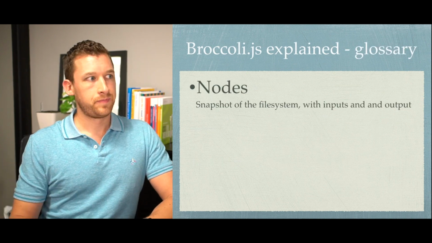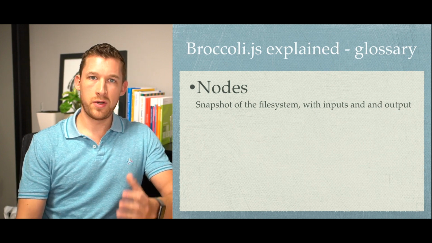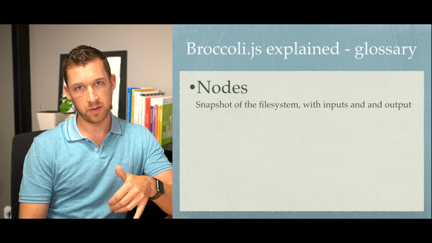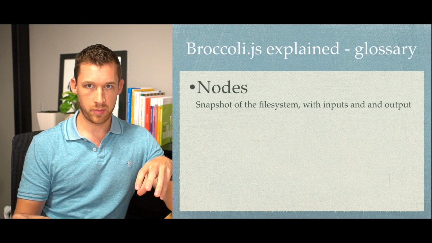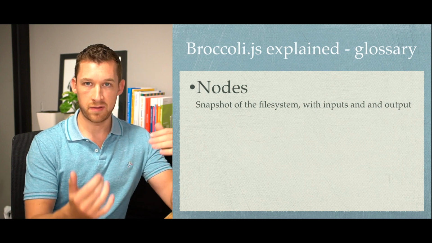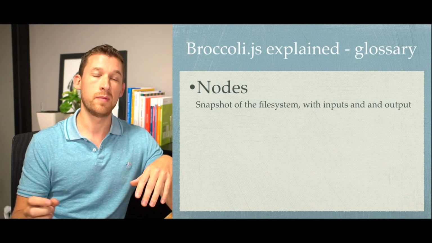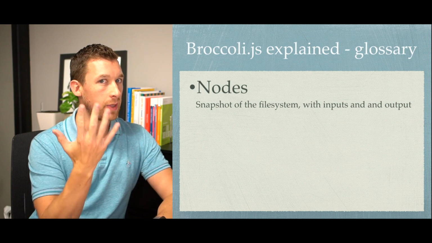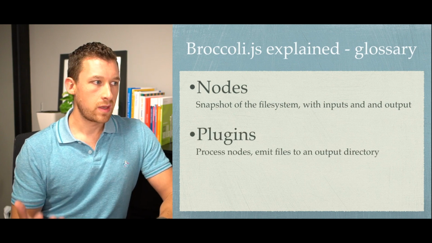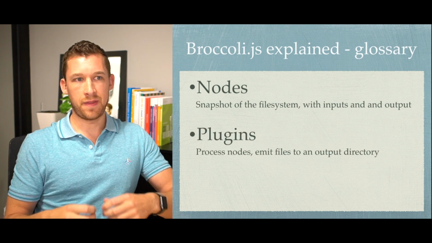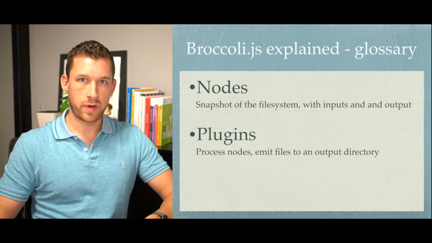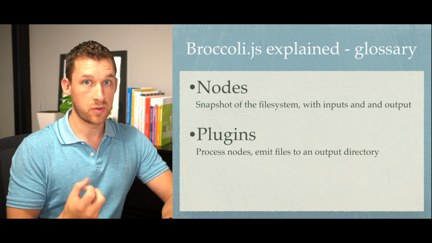So here's a glossary. What is a node? So a node is like a snapshot of the file system with inputs and outputs. A node can have multiple inputs and it has a single output. So it's starting to sound a little bit like a tree. Now, plugins process nodes and they emit files into an output directory. And plugins are where the actual work happens.